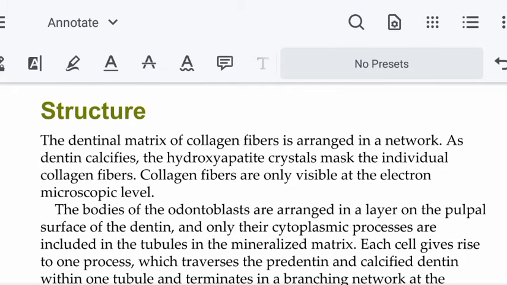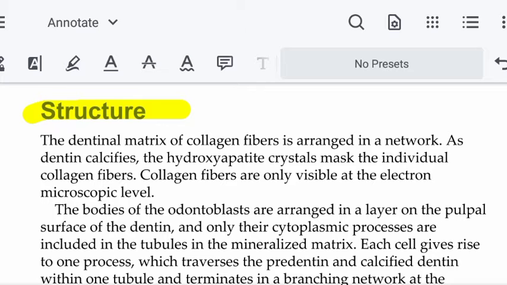Next, moving on to the structure. Here, the dentinal matrix of collagen fibers is arranged in a network. So the dentine contains matrix, and the matrix of dentine contains collagen fibers, arranged in a network.